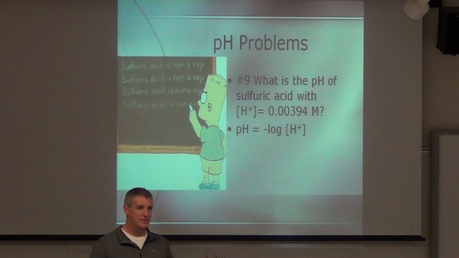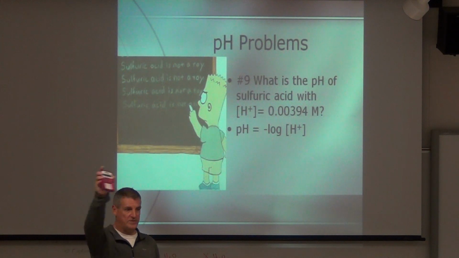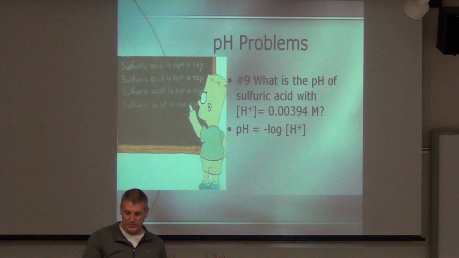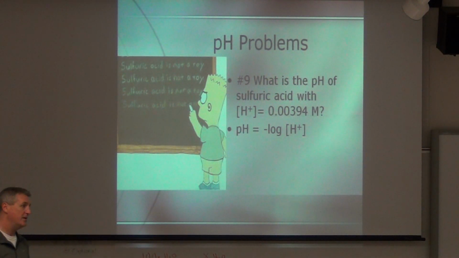This guy is pretty popular. A lot of you have this guy. This one allows you to just hit the negative and then the log button. It'll open up a parentheses and then you just plug in your concentration value, hit enter. Works like a million bucks.